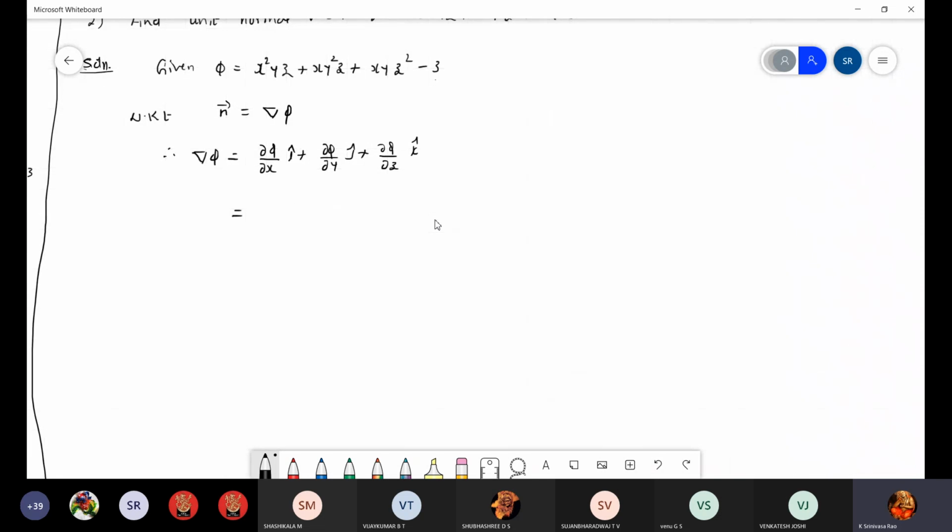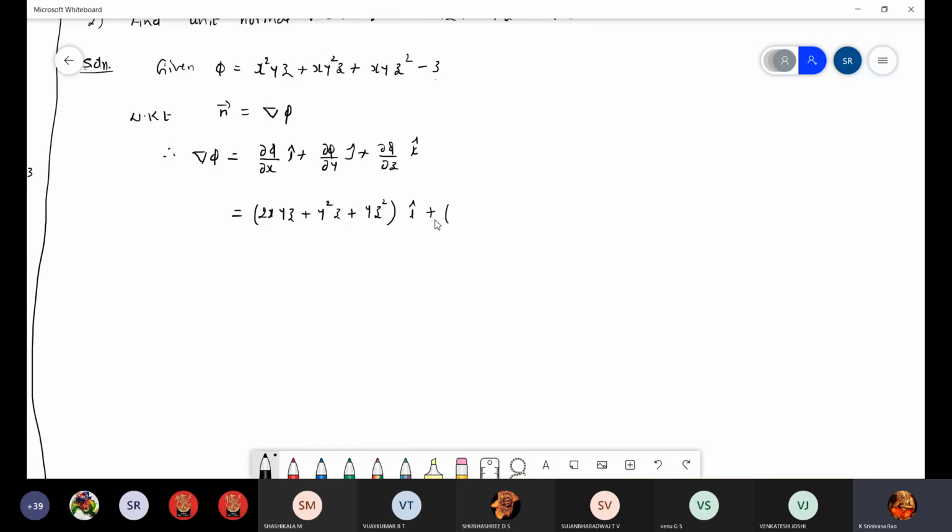First one, you will get 2xyz plus, with respect to x only, y squared z plus y z squared, with respect to x into i cap.